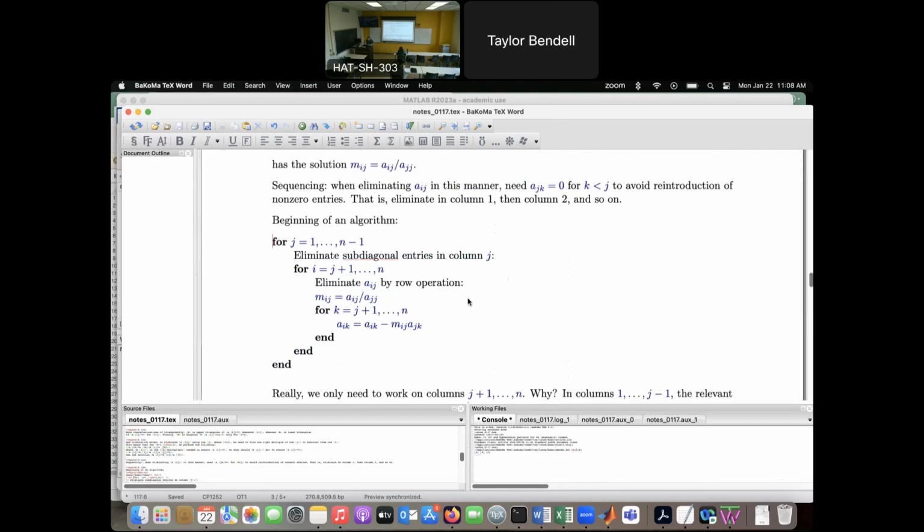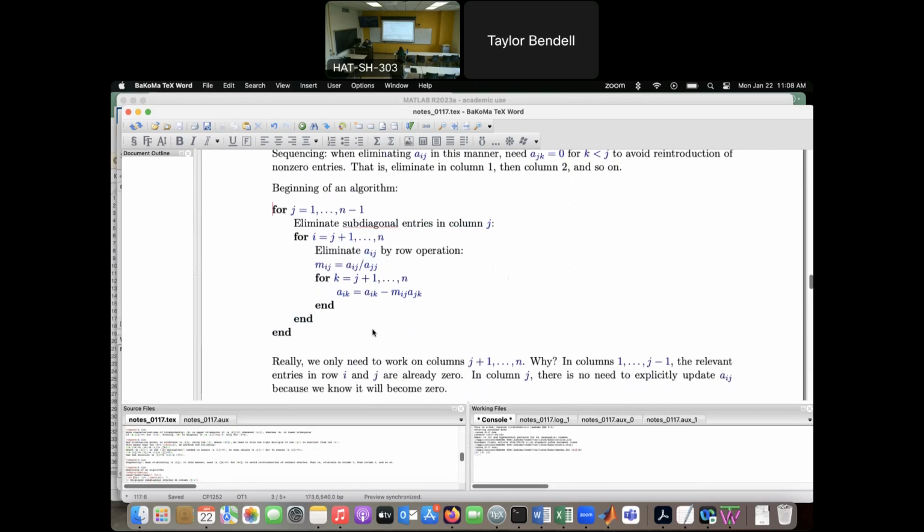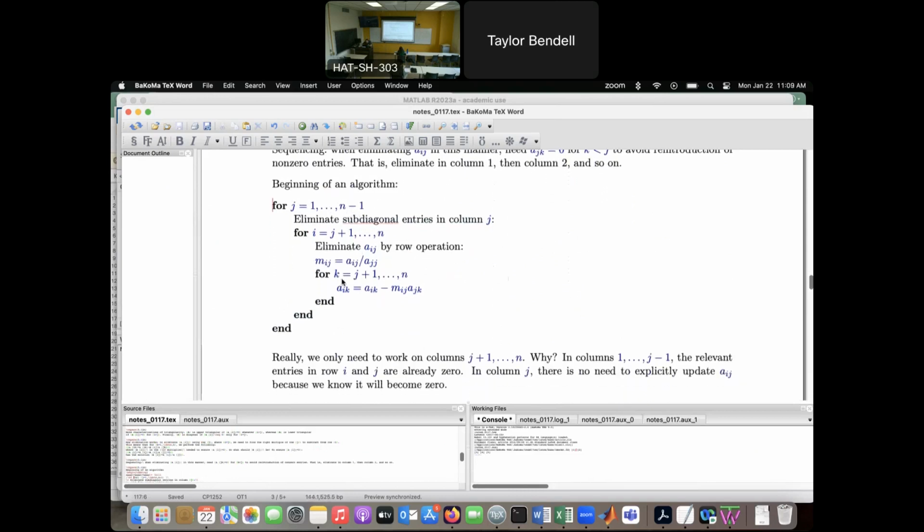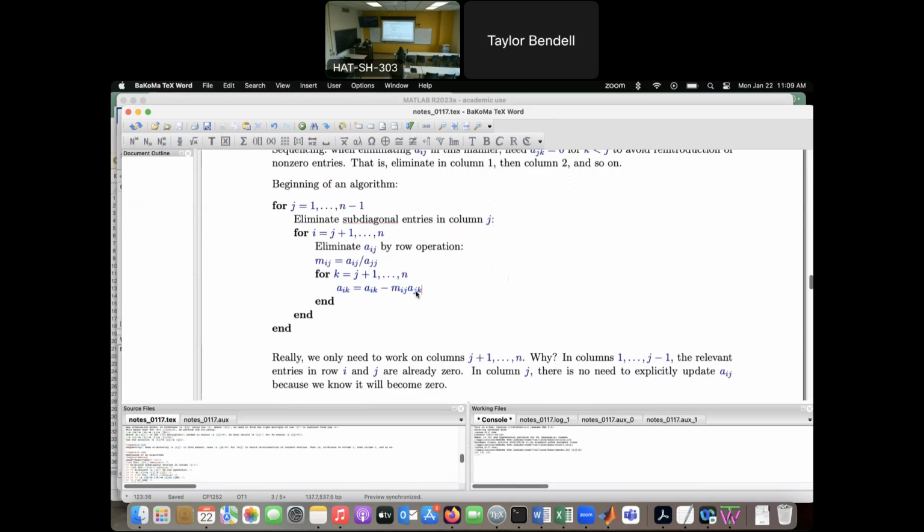And I made the point at the end of last time that when you're performing a row operation, normally what you would do, you really want that upper triangular matrix, you would, if you're trying to eliminate entries below the diagonal in a certain column J, and you're looking at some row I, where I is greater than J, you're performing the row operation.